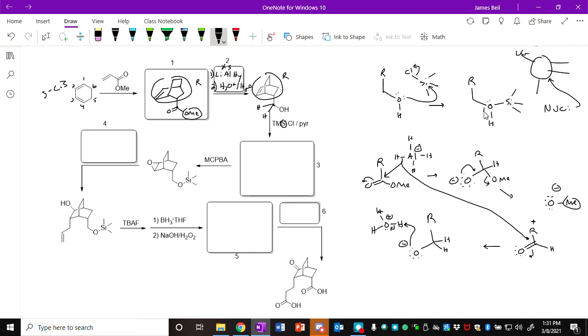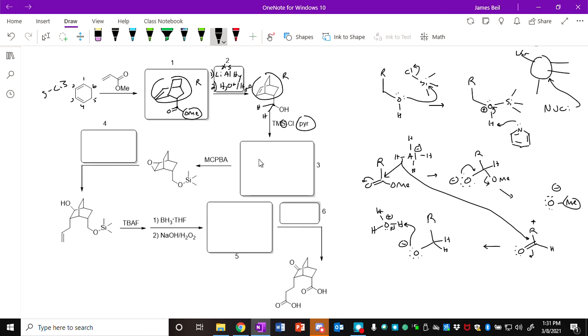And then that creates a positive here. So the pyridine, which is a weak base, will pick off this proton and balance out the charge on that oxygen.